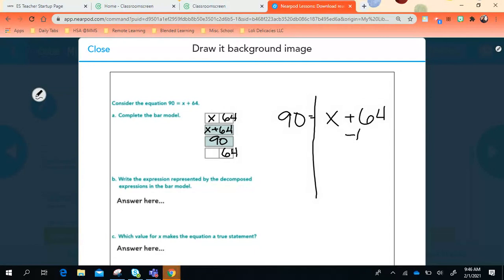So I'm going to subtract 64 on both sides, because remember, I need to get x by itself. So this then turns to 0. And what is 90 minus 64? 26. And I saw it on everybody's screen. Good. So x equals 26.